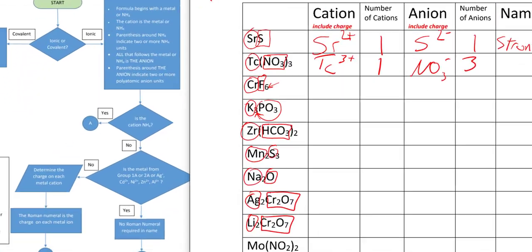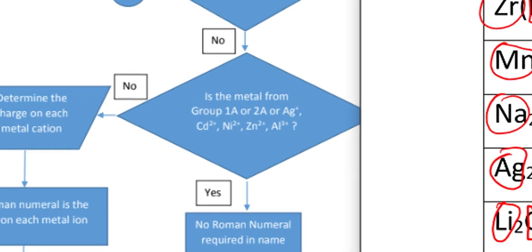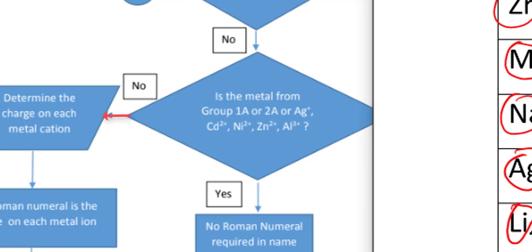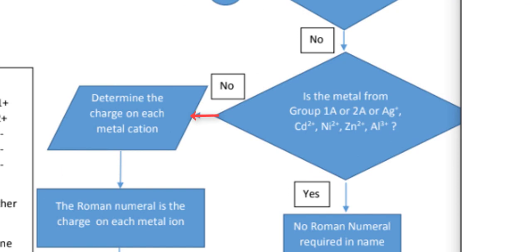Now, do we need a Roman numeral? Let's go back over here. Is the metal from group 1A or 2A? No, technetium's not. Is Tc one of these 5? No, it's not. So Tc is not in group 1A or 2A, and it's not one of these 5. So that means we need a Roman numeral in the name of the compound. So it is a technetium nitrate, but it's a technetium(III) nitrate.